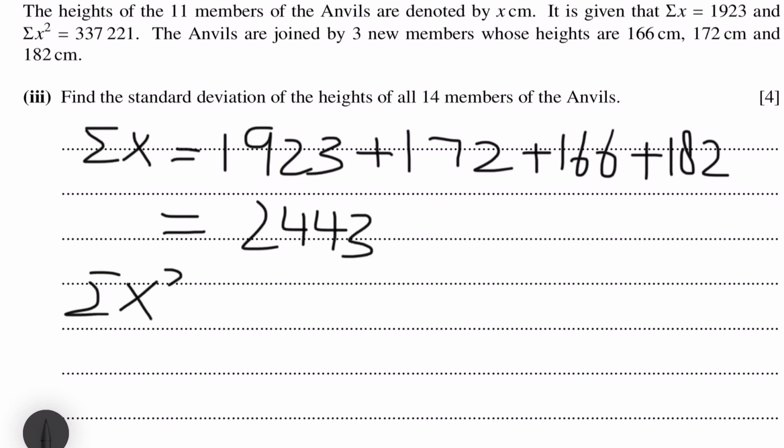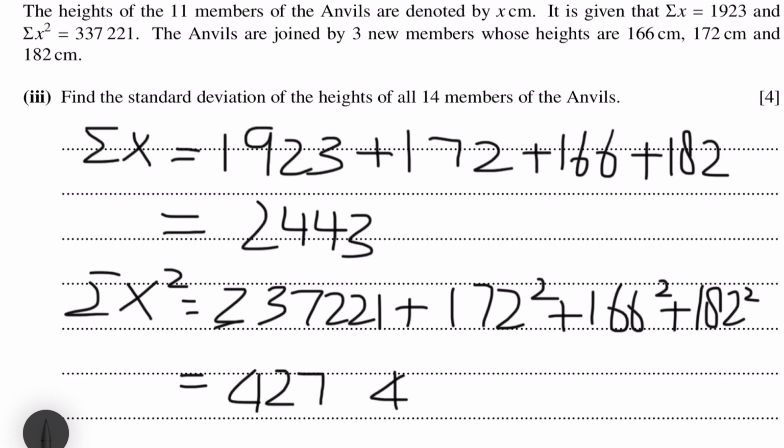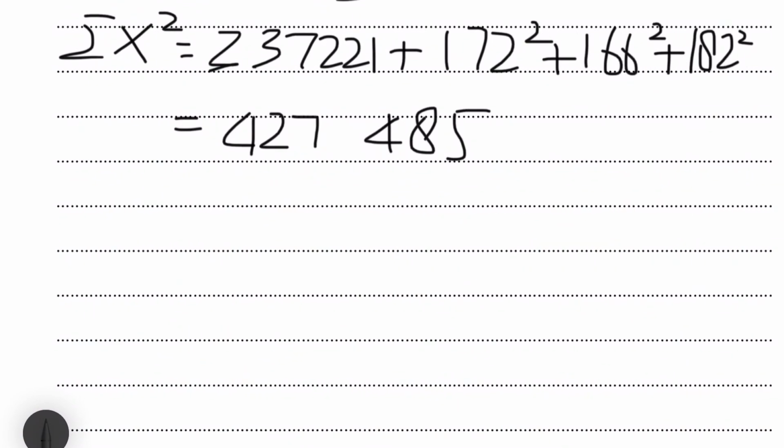Now for the sum of x squared, you just need to add the squares of the new heights. This will be equal to 427485. Now input these values into your equation.